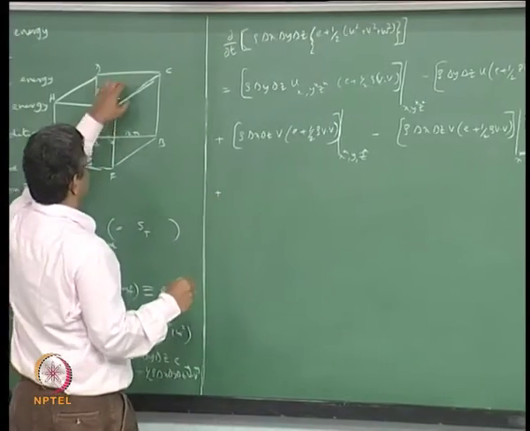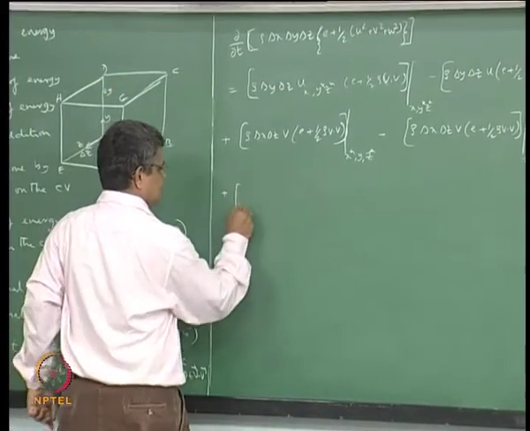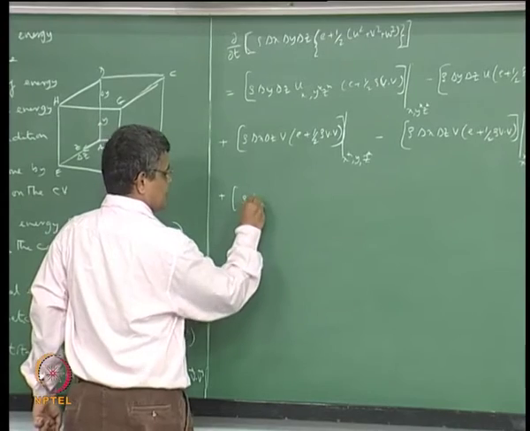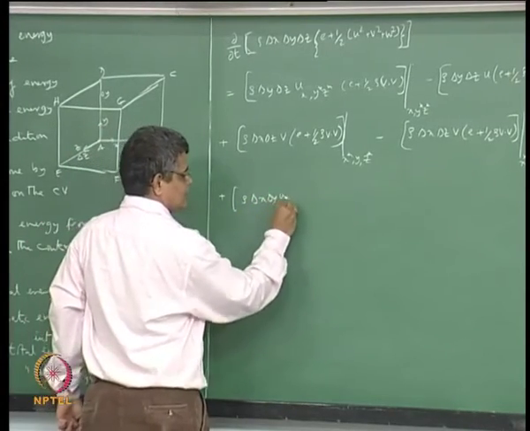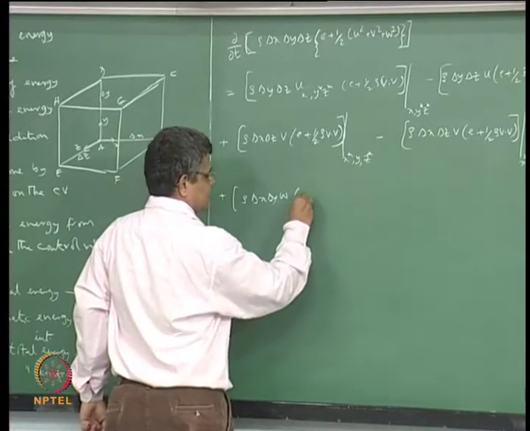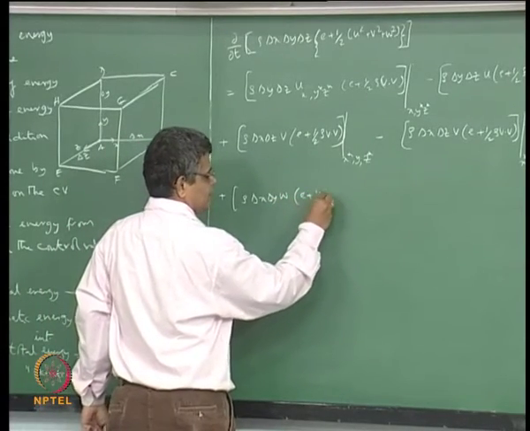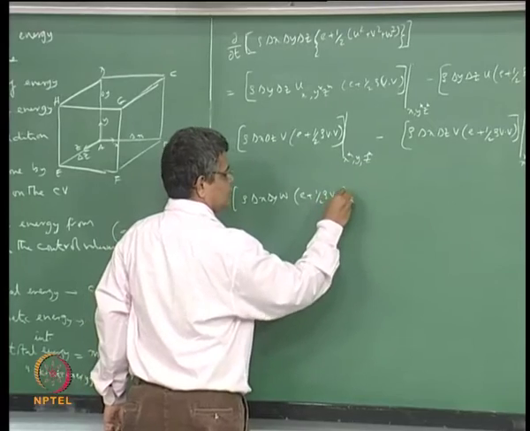Plus, now we consider the back face. The mass flow rate is rho times the cross sectional area, which is delta x delta y, times the normal velocity w times the specific quantity E plus half rho v dot v.